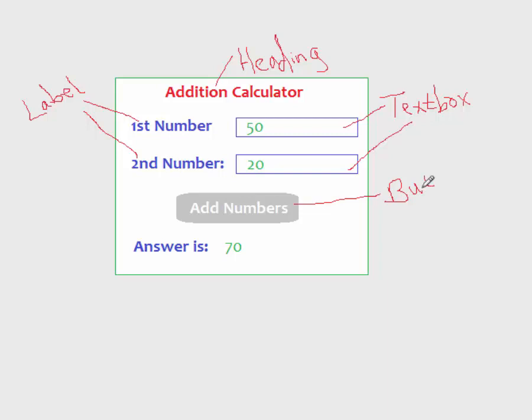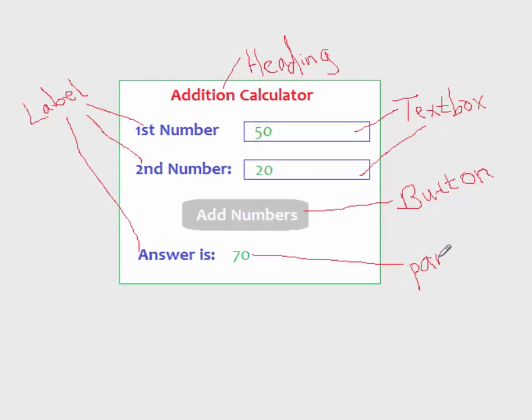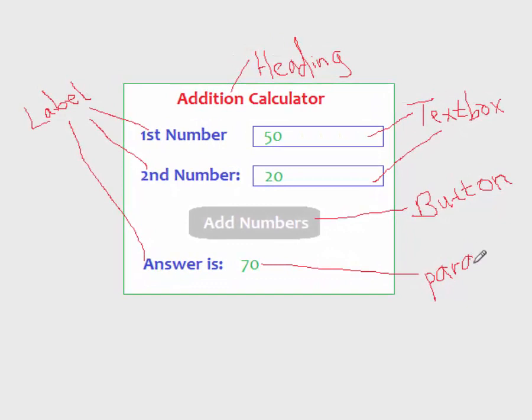When the button is clicked, I'm expecting the two numbers in the two text boxes to be added. This is a label and this is a paragraph which will contain the result of the addition of the two numbers.